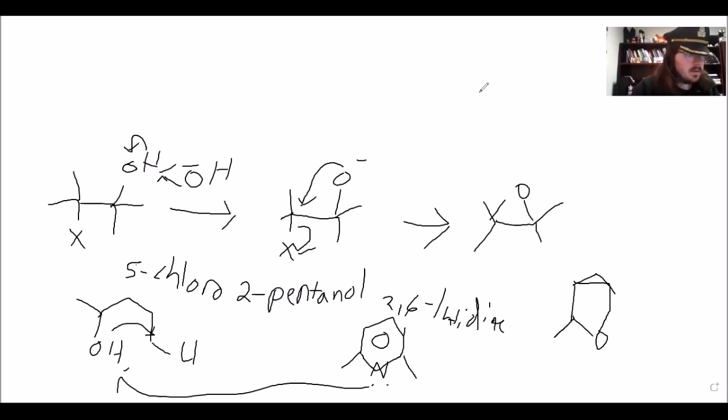Now, those are just a couple ways we can make epoxides, but epoxides aren't really made to last. They are very reactive in the presence of many different things. So some of the reactions we can see are acid catalyzed ring openings, in the presence of, say, an acid.